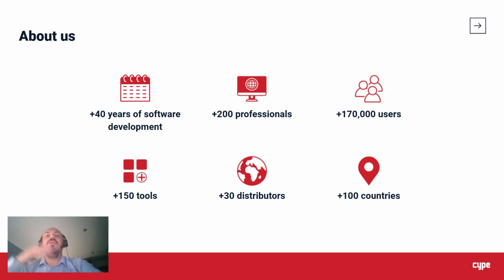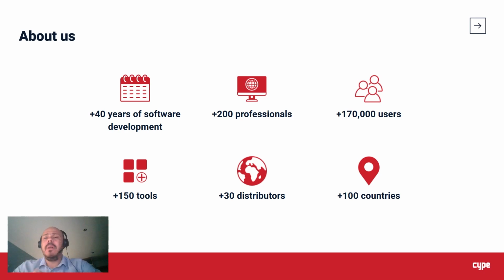So we have software developers, civil engineers, structural engineers, electrical engineers developing these software, and then our other teams like the marketing department, the sales department, the technical department that can help you if you have any doubt using our software. You can contact our technical department and the other professionals working at Cype.